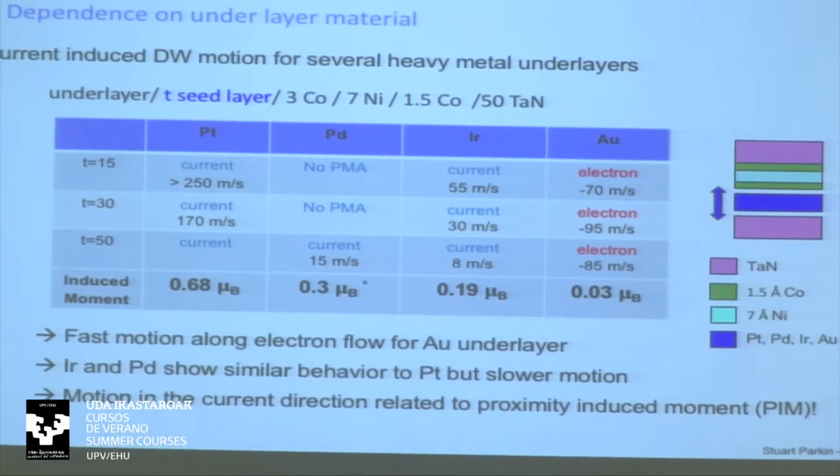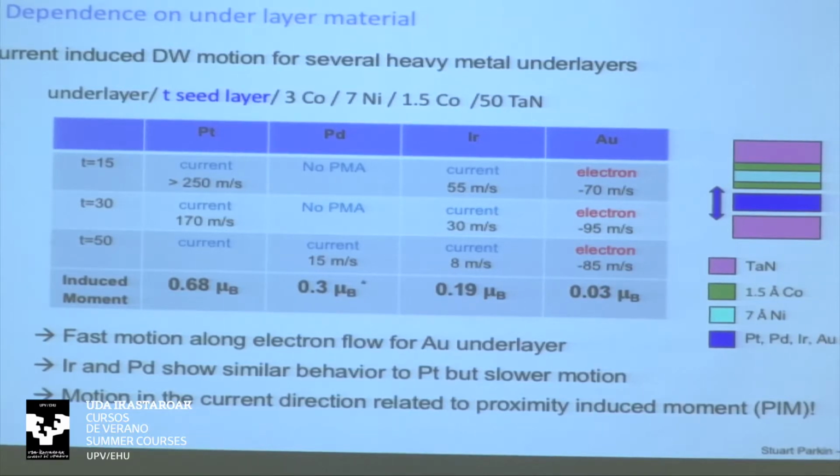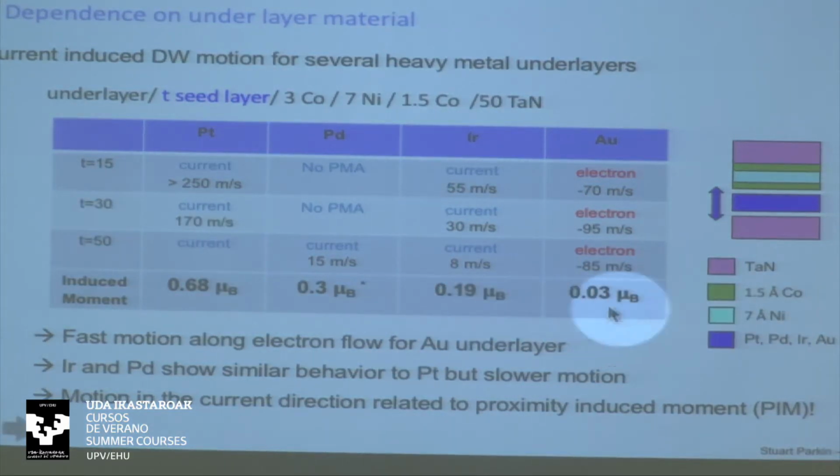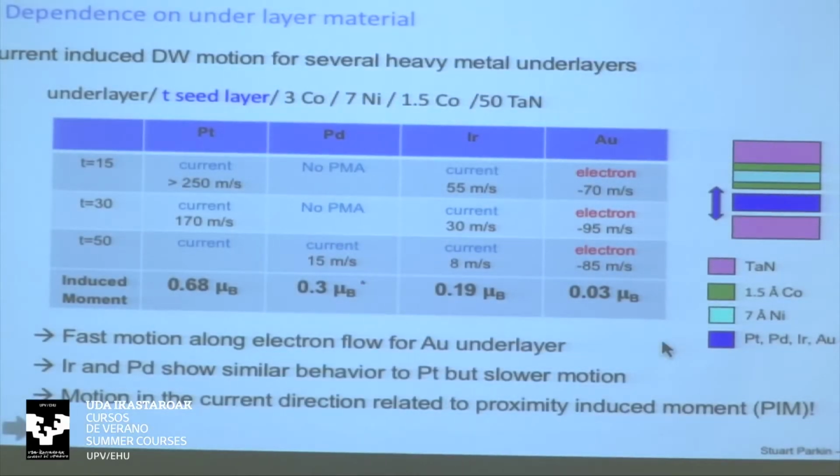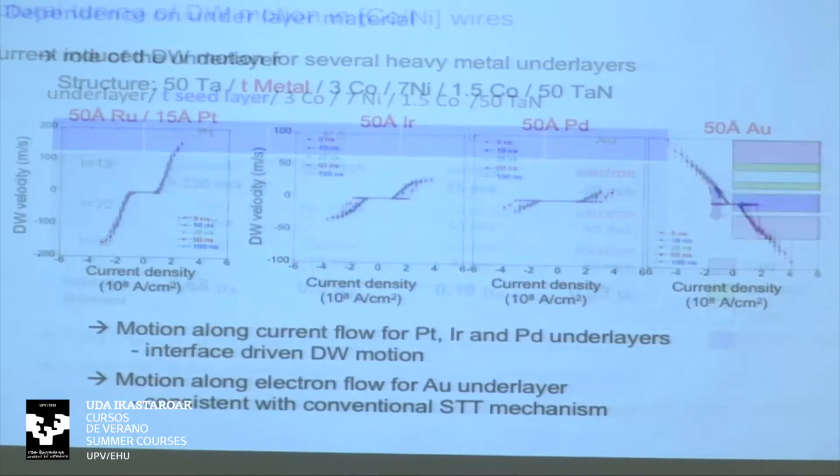However, if we take gold, which is also a heavy metal, then it turns out that this has no induced moment. And you can see here, with gold, the domain walls continue to be driven by current in the direction of the electron flow. So now they're moving at minus 85 meters per second, but with platinum, they move plus 250 meters per second. So it's very sensitive to these individual metal underlayers in this way.